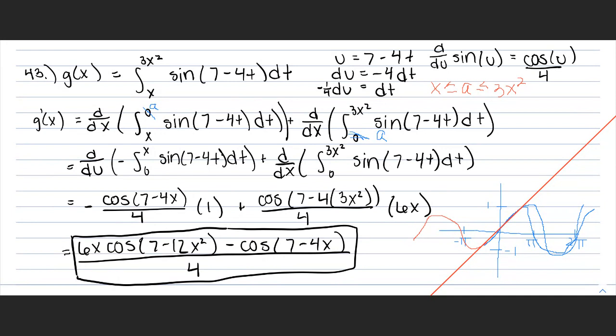Okay, now, second question. Why do we have to split this integral into two integrals? Because both the upper and the lower have an x, and the lower limit should be a number. Okay, what's the purpose?